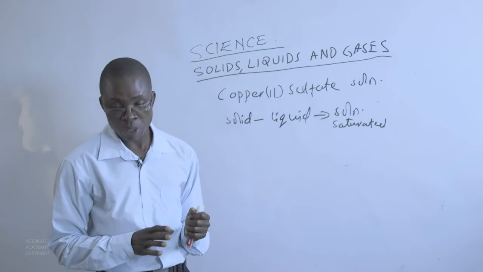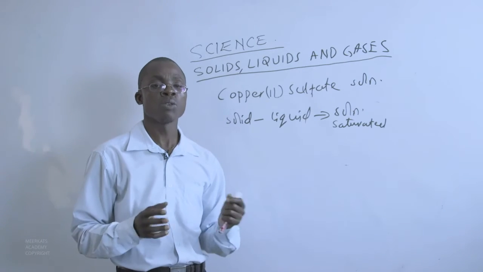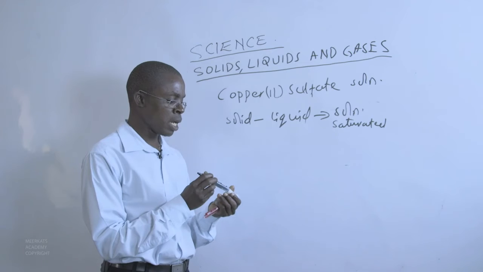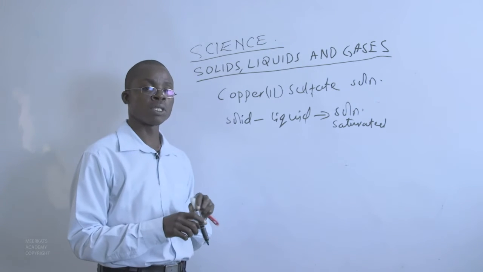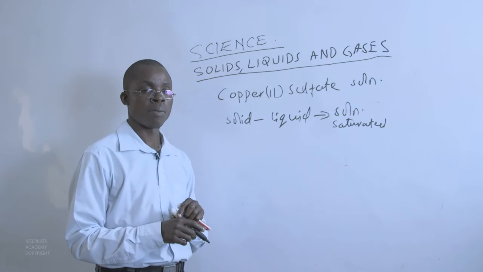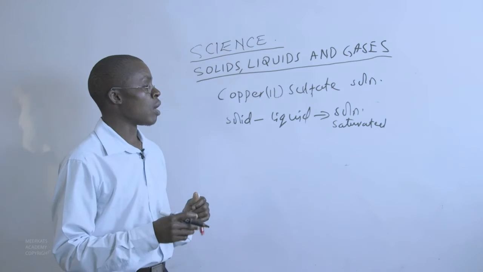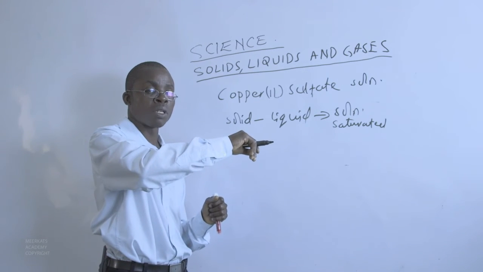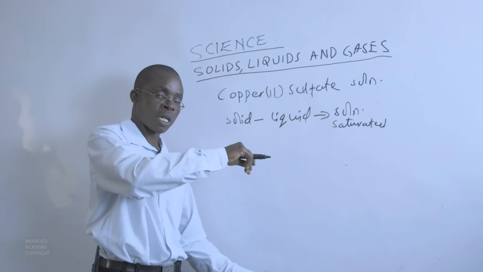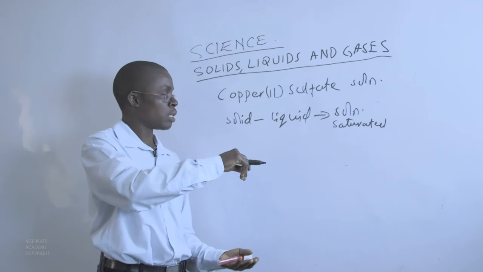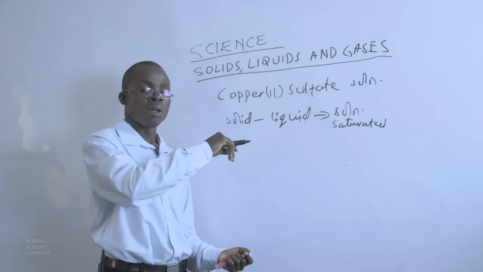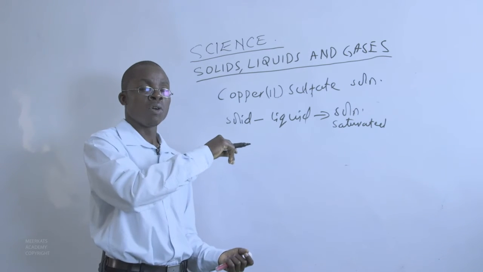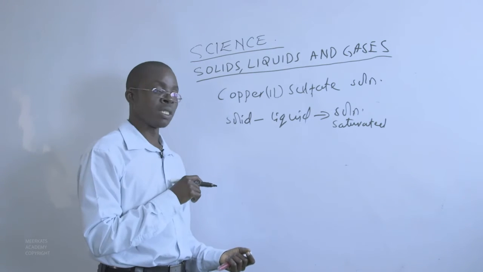This third condition is similar to what we looked at in the first state, where we said you are pouring saturated solution on a filter paper in a filter funnel to get the filtrate of copper 2 sulphate. On the surface of the filter paper, we saw crystals of blue copper 2 sulphate.